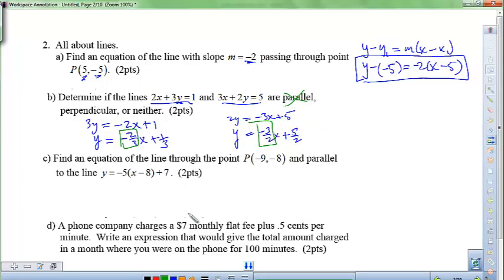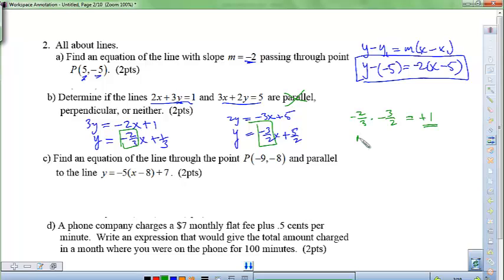If they're perpendicular, we should be able to multiply them. So the slope for the first one is -2/3. The slope for the second one is -3/2. And we're seeing that these things cancel and become +1. Now if the answer was -1, then they would be perpendicular.